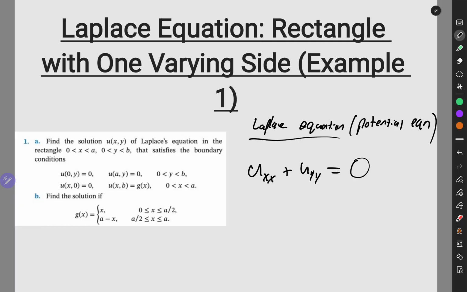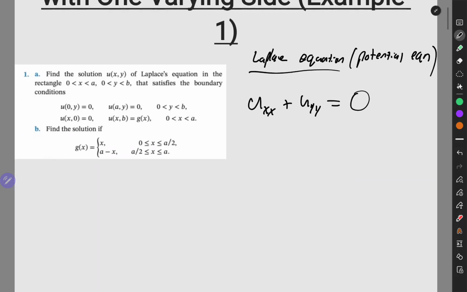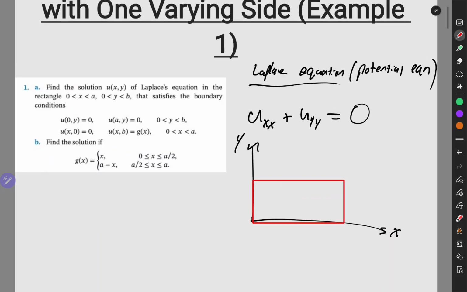So Laplace's equation is this. We're going to be looking at a rectangular boundary. This is x, this is y. And we have our rectangle. For this particular problem, x goes from 0 to a, y goes from 0 to b.